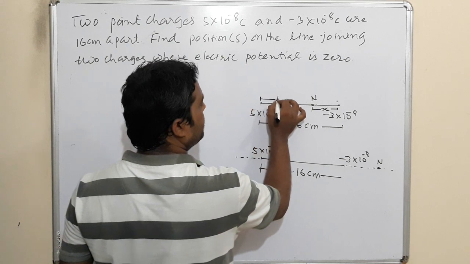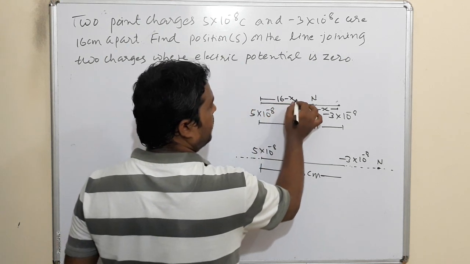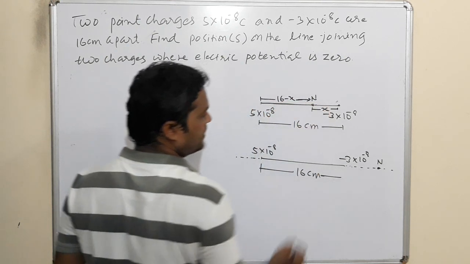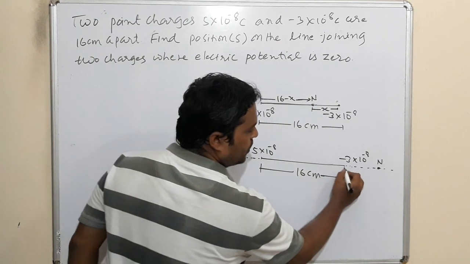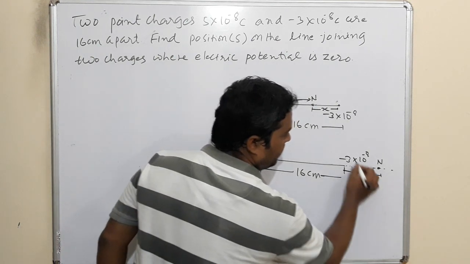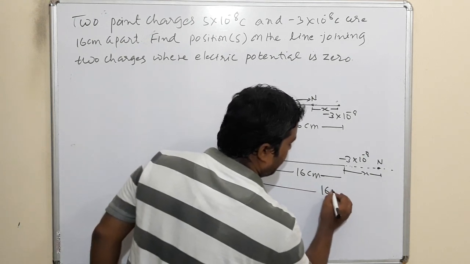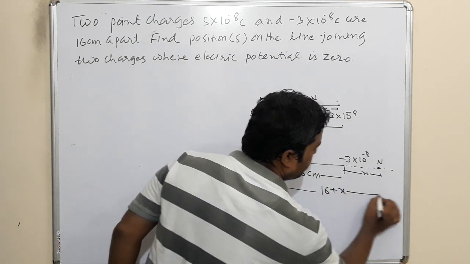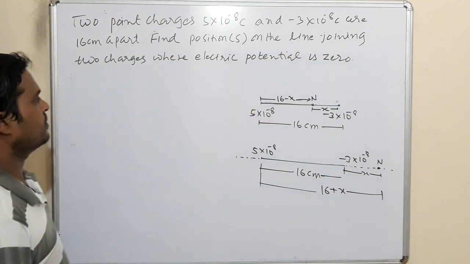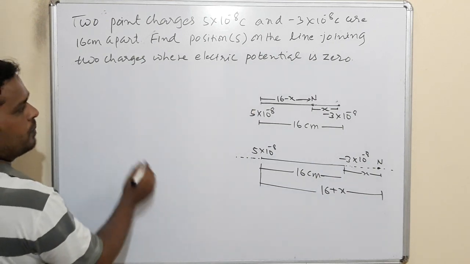Then the distance between the neutral point and this 5 into 10 raised to minus 8 coulombs charge is 16 minus x. Let us suppose the neutral point is at x distance from this charge. Then the neutral point's distance from the larger charge will be 16 plus x. In two cases I will solve this problem.